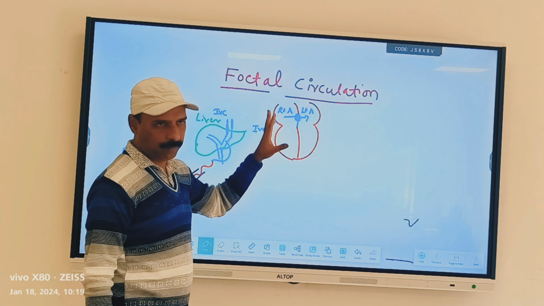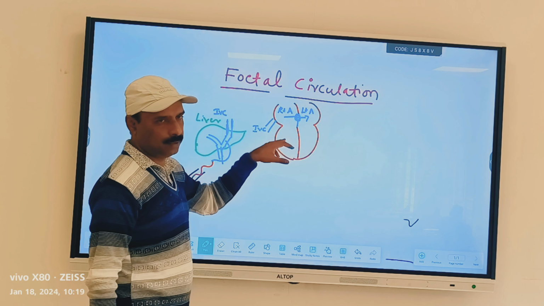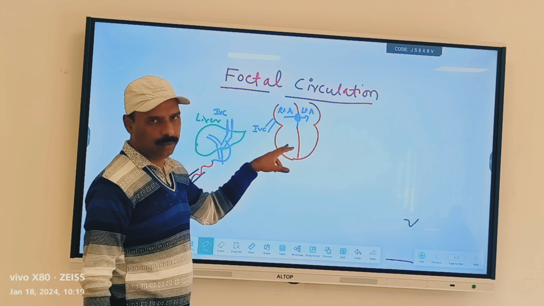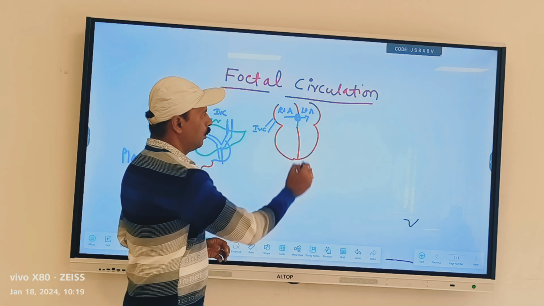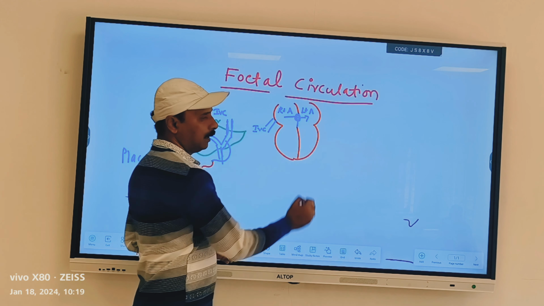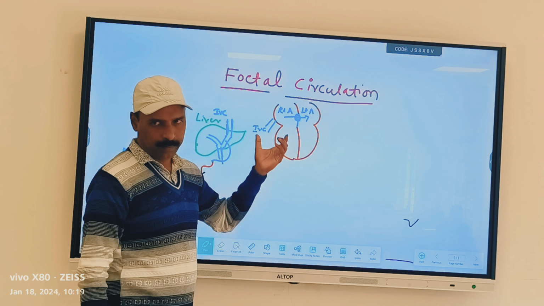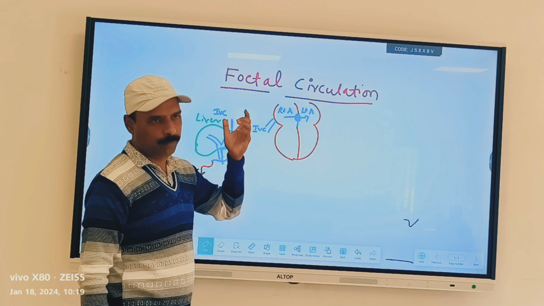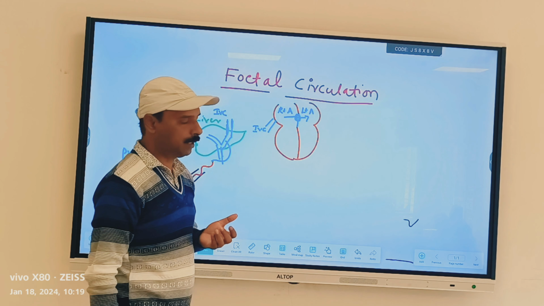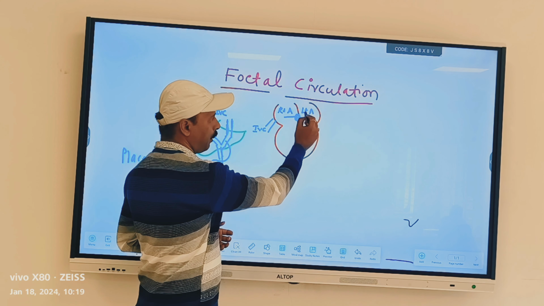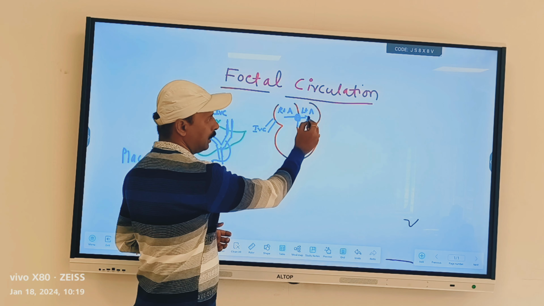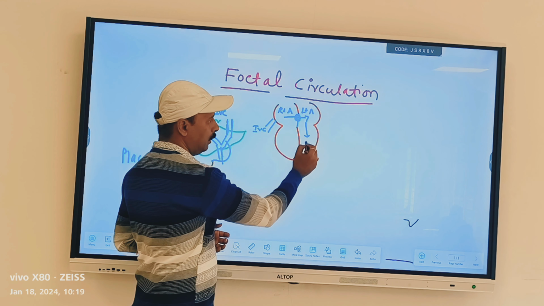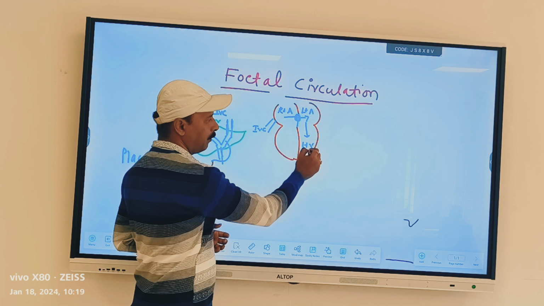So blood reaches the left atrium directly, but how does the systemic circulation work? Normally blood from the right atrium would have to go to the right ventricle. But here, blood from the right atrium goes to the left atrium, passing through the foramen ovale. From the left atrium, this blood reaches the left ventricle.